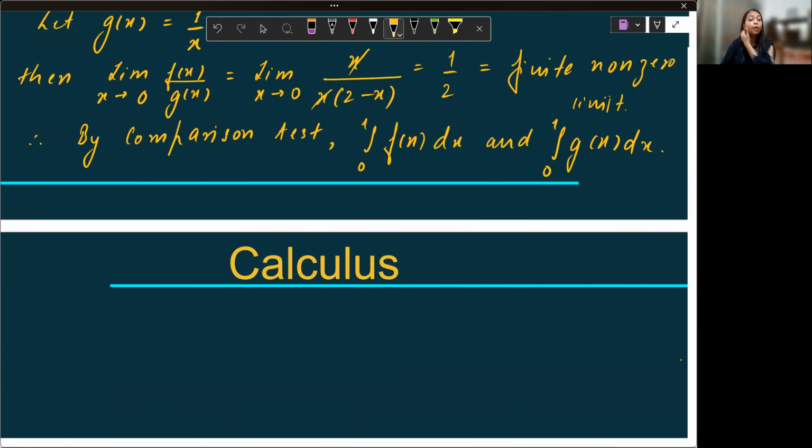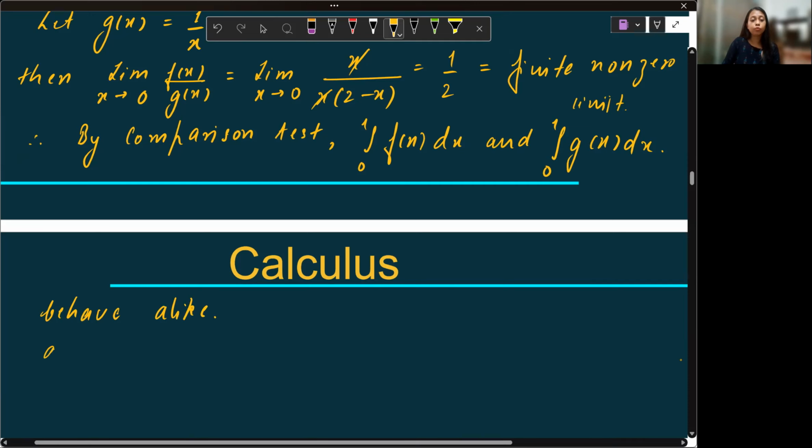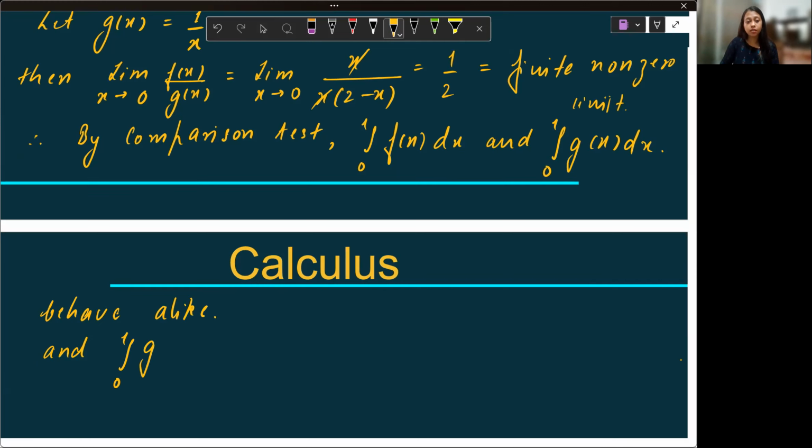That I can say by the p test. Before commenting on the nature of the integral of f(x), how is the integral of g(x) behaving? This is 1 by x dx, which is divergent.